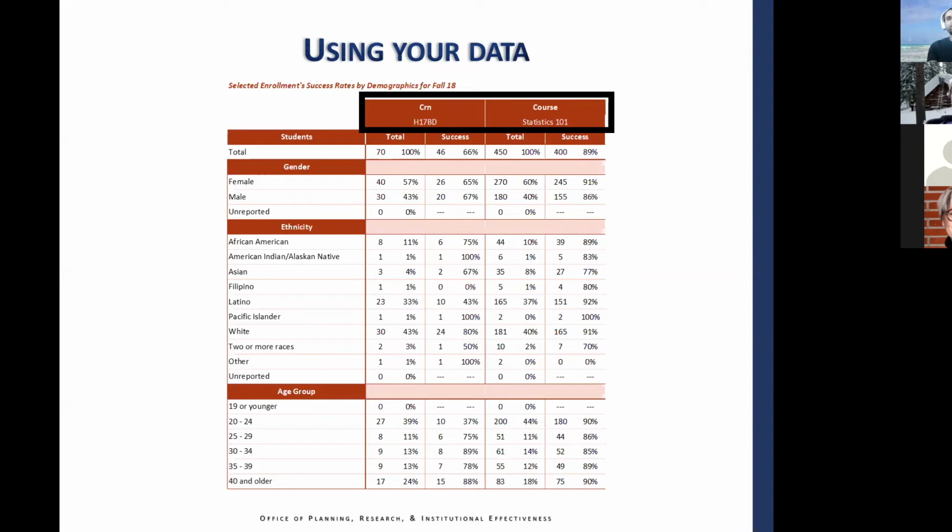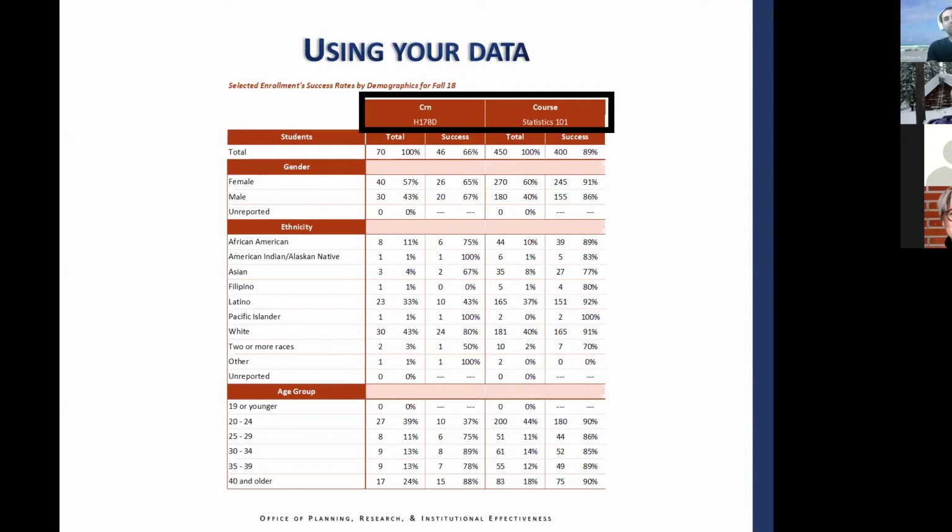Remember, we provided to you different kinds of data. The first group of columns provides information for one specific CRN. In this case, it is my CRN for Fall 18, H17BD. That was just one CRN that I had.